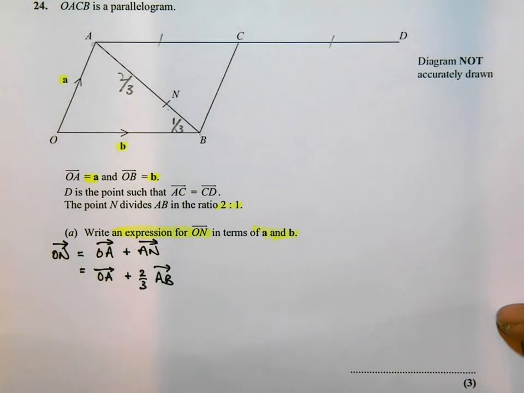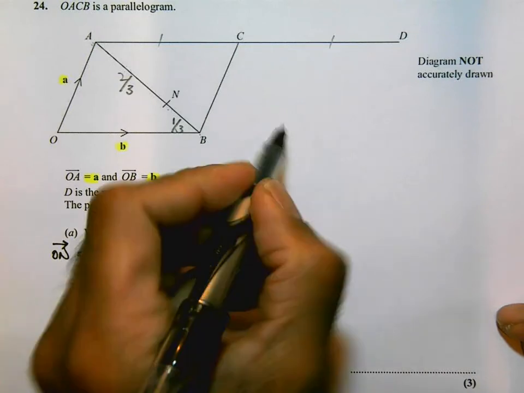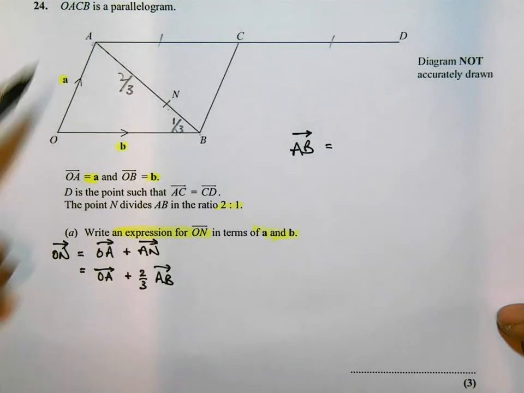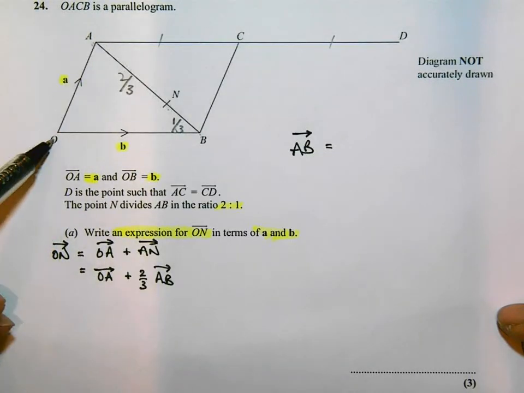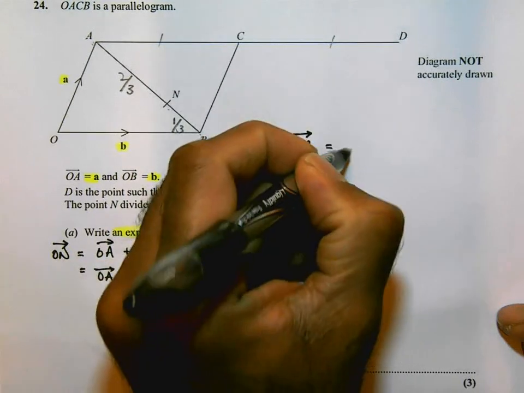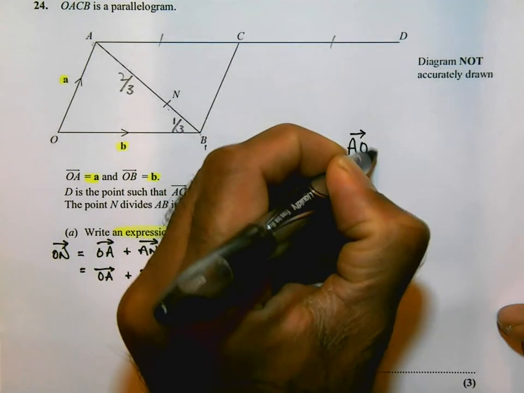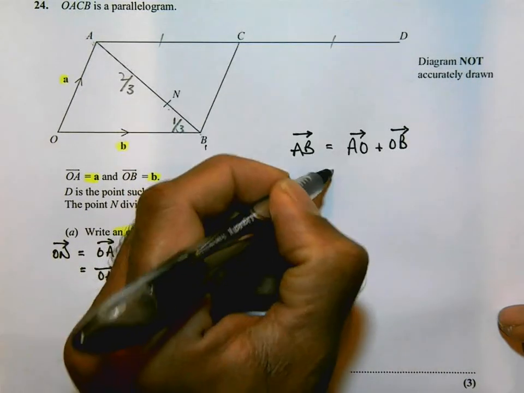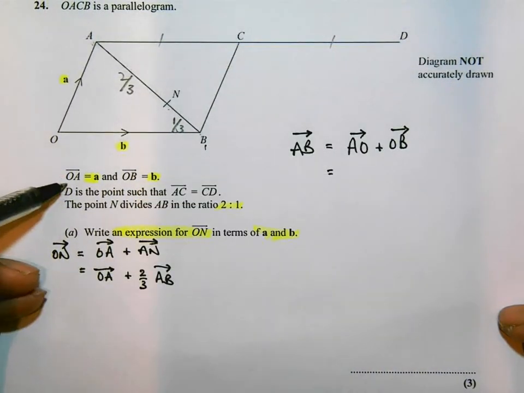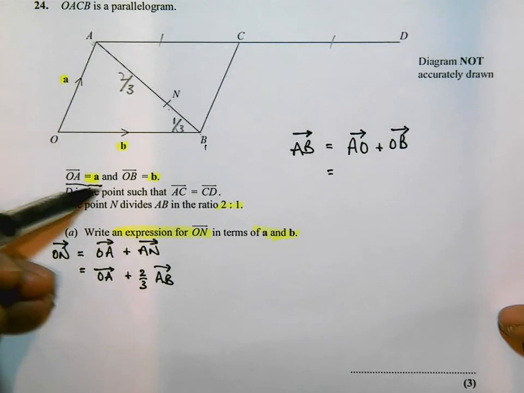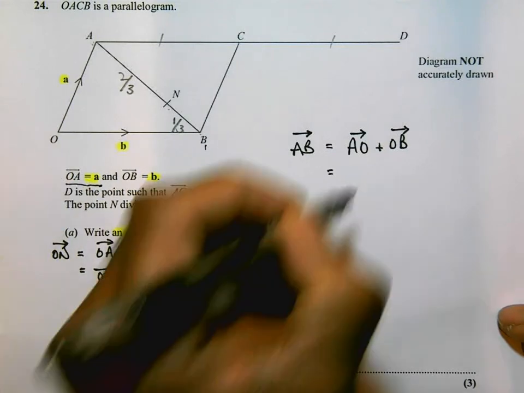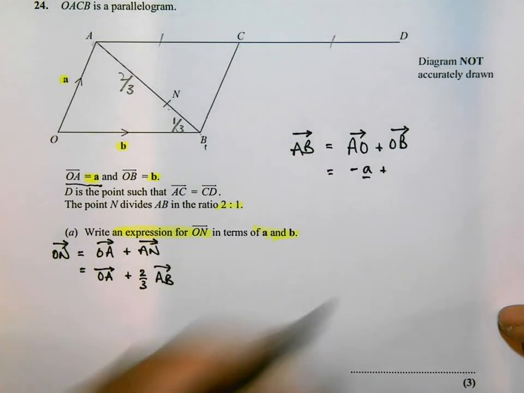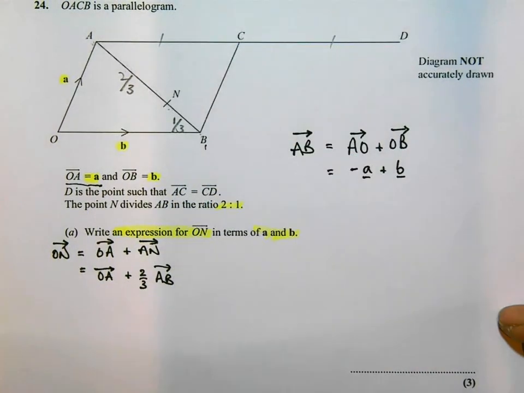Now, if I work out what AB is, the vector A to B means going from A down there and across there. So I need to go from A to O and then O to B. A to O, because OA is just the vector A, if I'm going in the opposite direction, that's going to be minus A, and OB is just going to be B, because they've given us that information already.